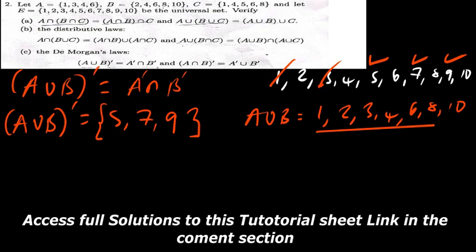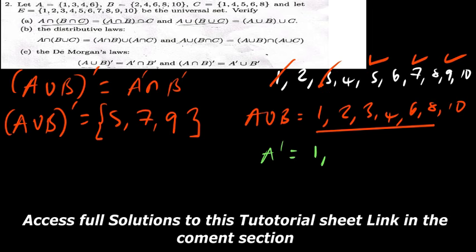Now we also find A complement and B complement first. A complement, the numbers that are found in A, we remove them.